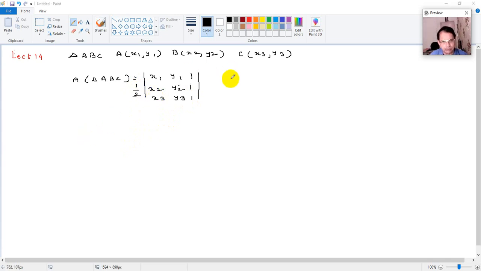So how will you prove it? See, I will try to draw a good figure. Suppose this is your y-axis, and this is the x-axis, and suppose you have a triangle here.